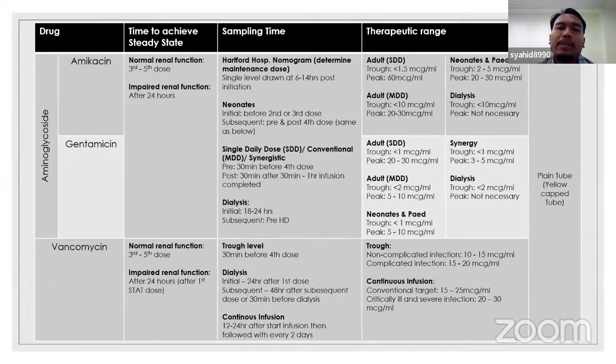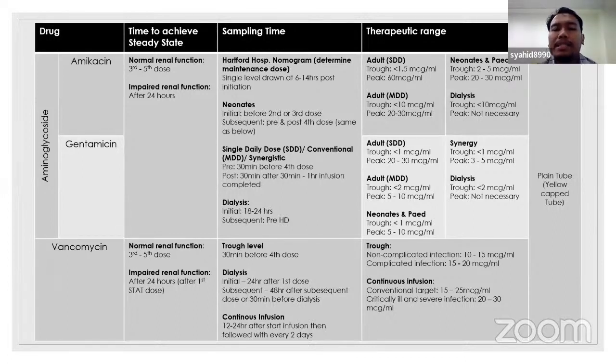For sampling time, there are many recommended sampling times, but in our normal practice, we usually take pre-third dose. It also depends on the patient and on the dose regimen, such as single daily dose, or conventional multiple daily dose, or synergistic dose.